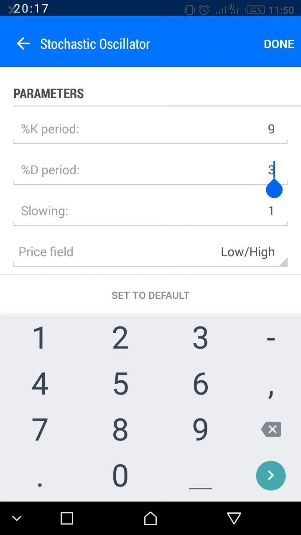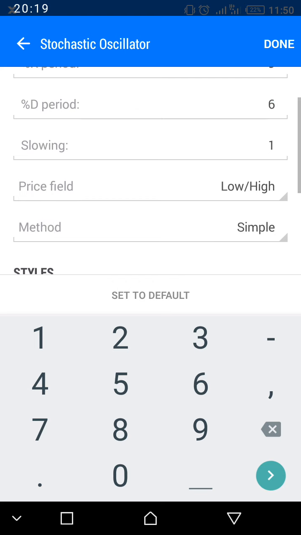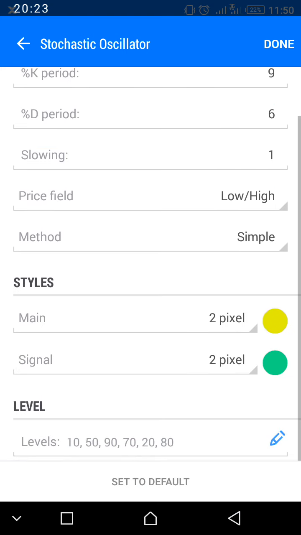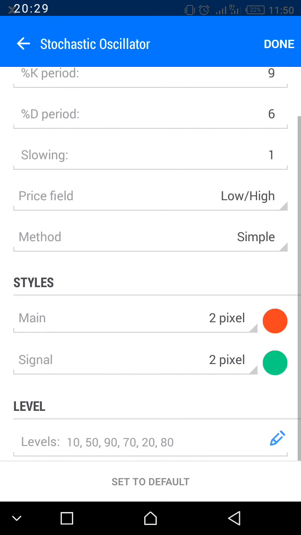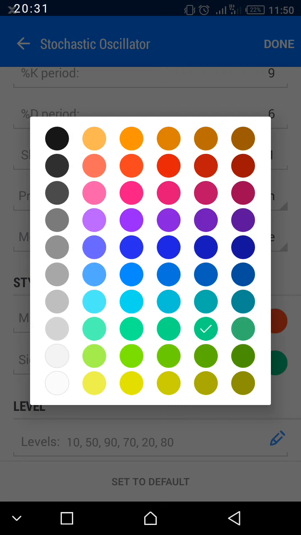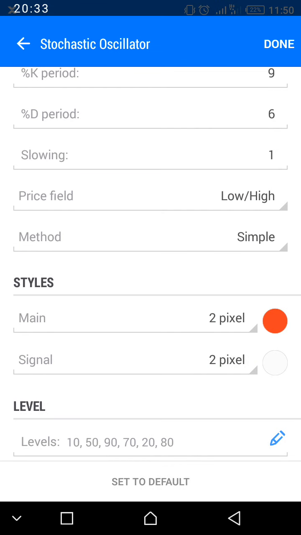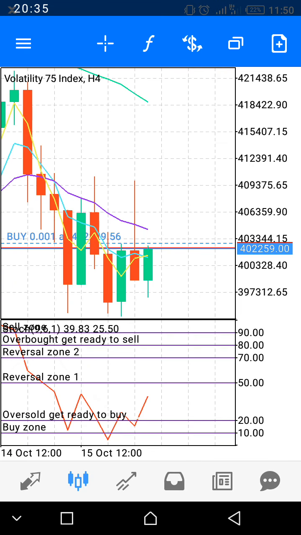The next is D period 6, slowing 1, low high, simple. Then the color, the main is red and the signal white. Then you click on done. So this is it. You see?